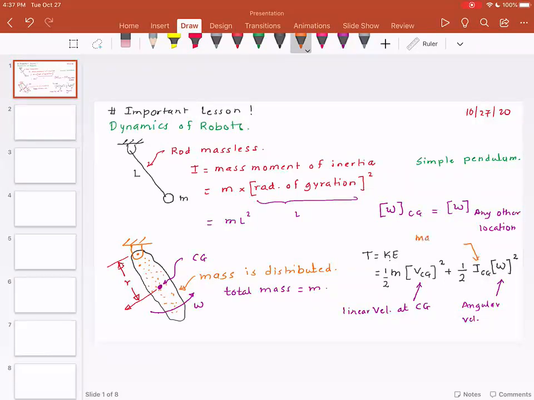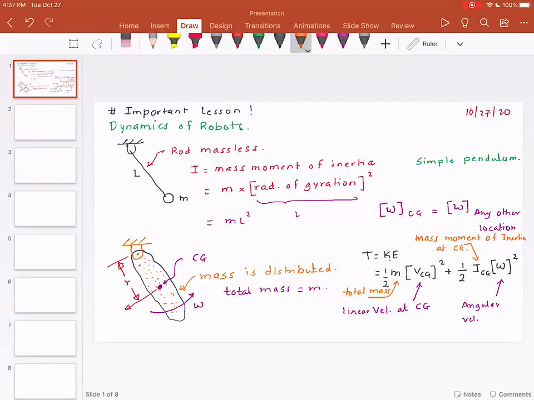This is the mass moment of inertia at CG. Now, this mass does not matter. This is the total mass. This important expression will be used whenever we try to derive the equations of motion or equations of dynamics for robot arms.